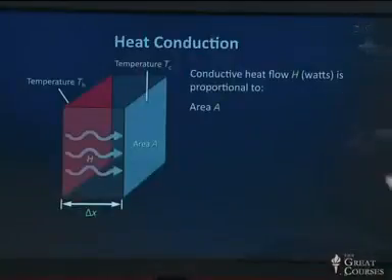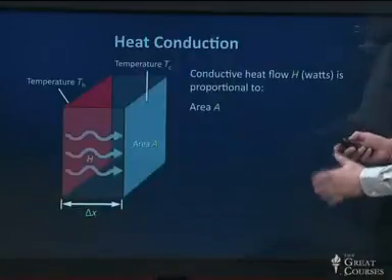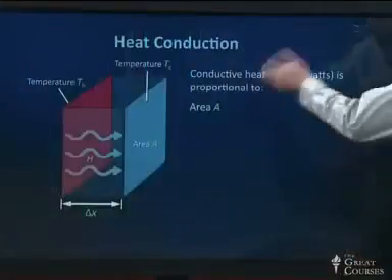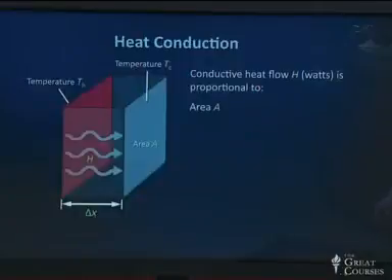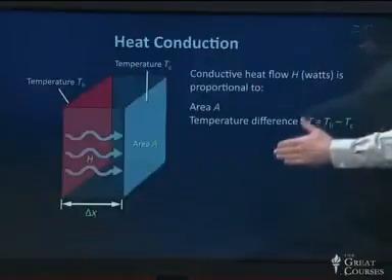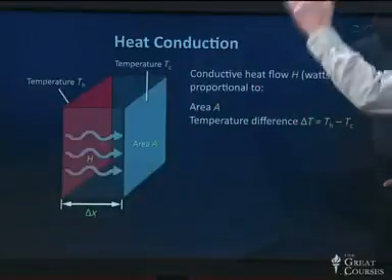And what does that depend on? Well, clearly it depends on the area A. If I make the area A bigger, I've got more molecules to do that transferring, and so if I make the area twice as great, there'll be twice as much heat being transferred. So the conductive heat flow will be proportional to the area. Certainly it will be proportional to the temperature difference. If I make the two temperatures the same, there's going to be no heat flow. The molecules are moving at the same average speed on both sides.